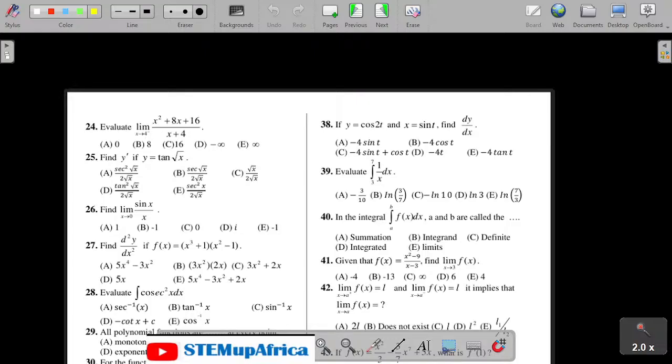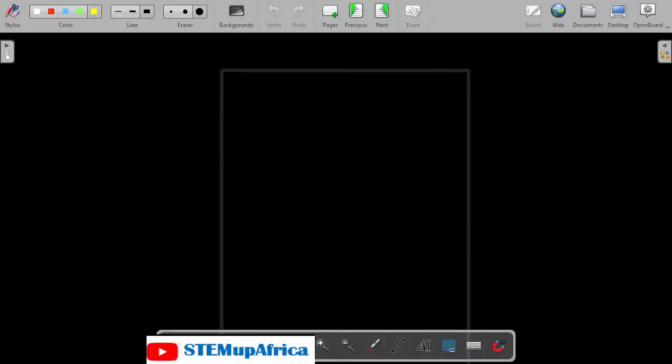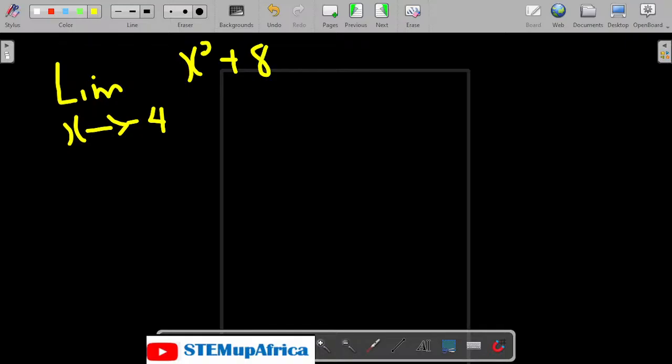So to substitute x tends to minus 4. I'm seeing minus 4 there. I'm having the limit as x tends to minus 4 of (x squared plus 8x plus 16) over (x plus 4).